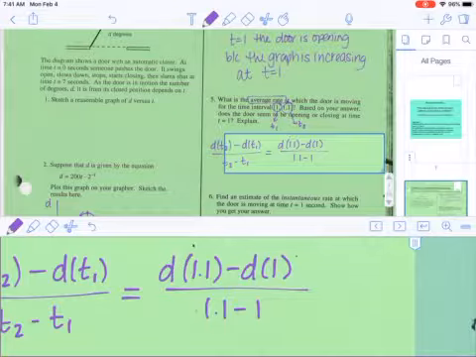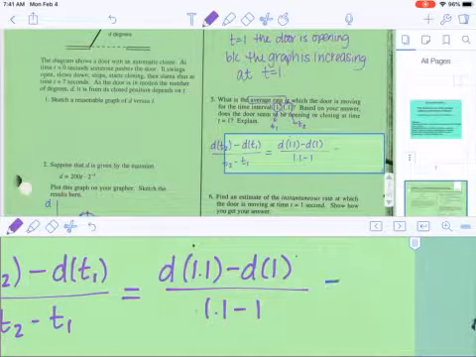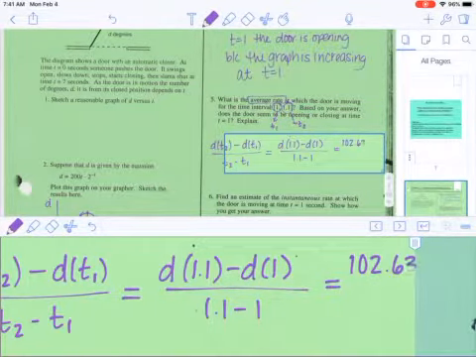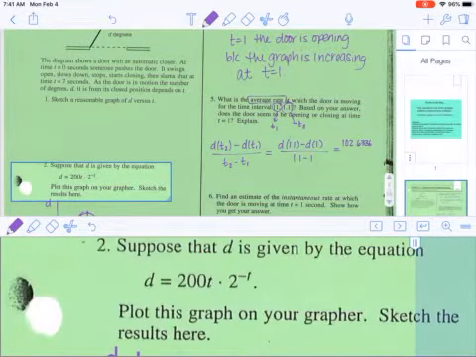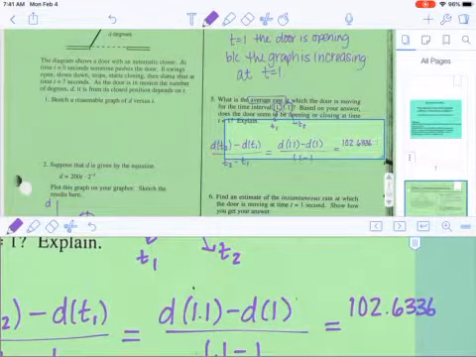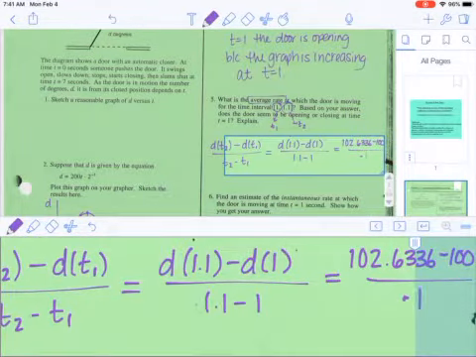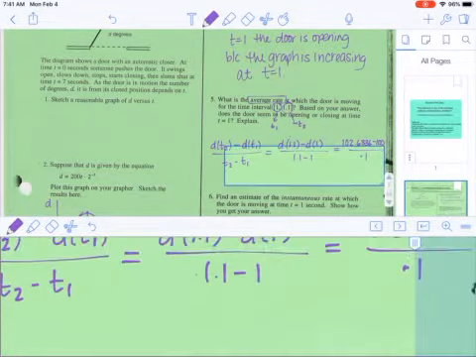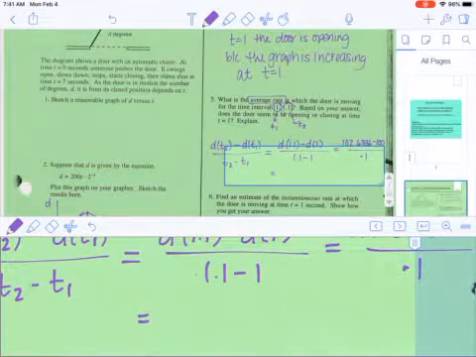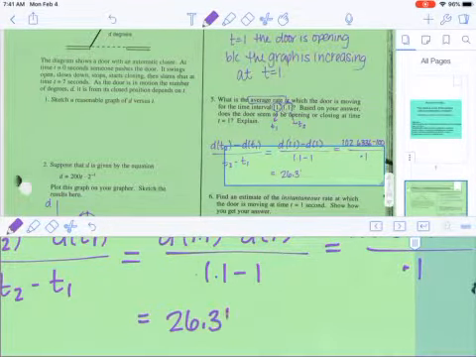You know what the function is, and so if you plug 1.1 in for t and 1 in for t, you can find the values on the top. Okay, and so it turns out to be like 102.6336 minus 100 all over 0.1, which works out to be, sorry for the back and forth there, we don't have motion sickness, 26.36.